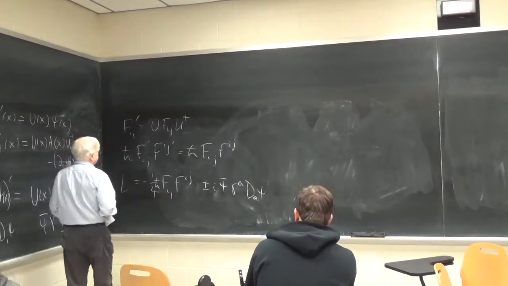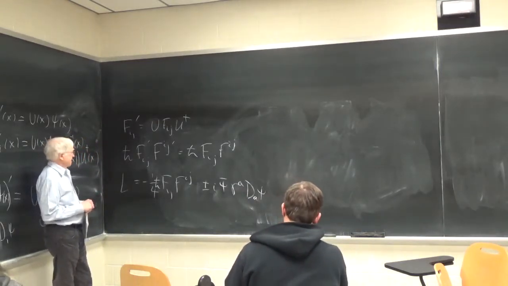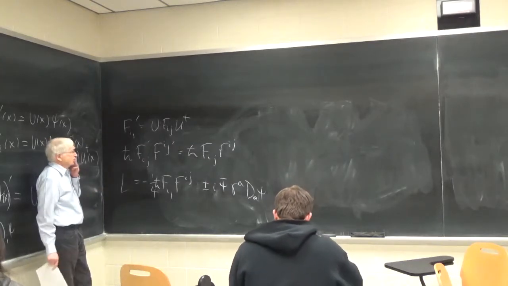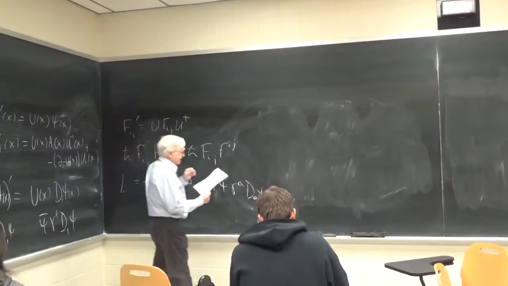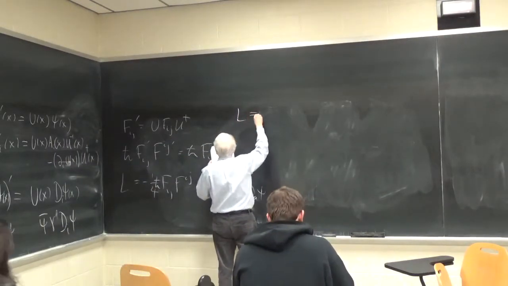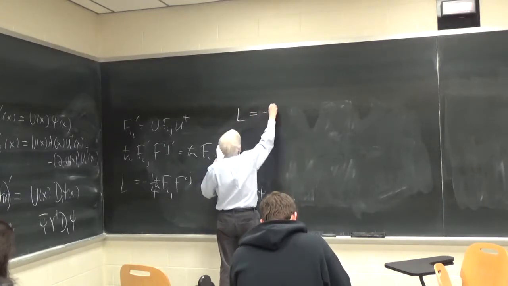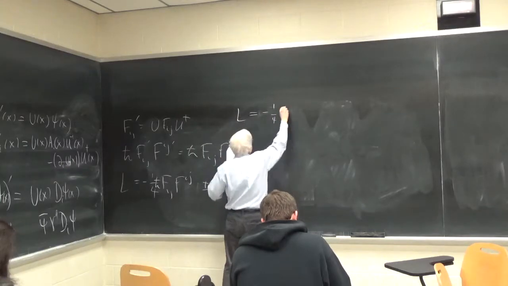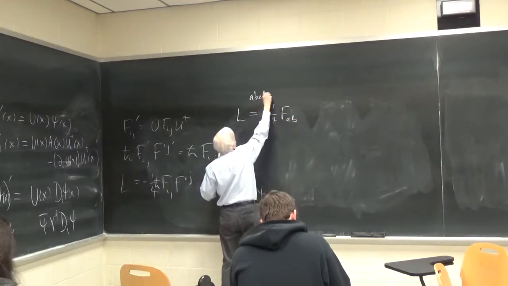Now, what happens in the case of, let us say, scalar fields? In fact, let's do the very simplest thing, the Abelian Higgs mechanism. So let's say minus a quarter, and this is just going to be the Abelian case here.